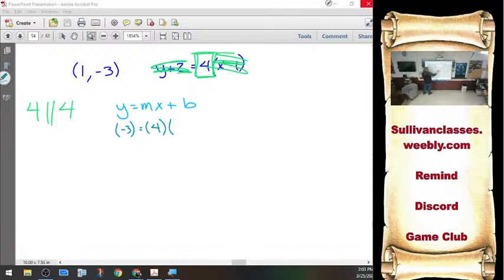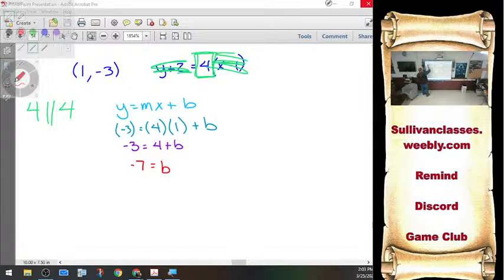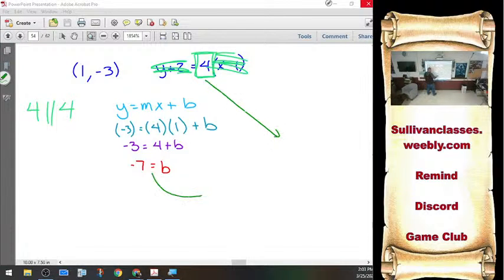I know an x, to find the b. So I multiply. Negative 3 is 4 plus b. Subtract 4 to the other side and get b is negative 7. The catch is you have to put the pieces together at the end. If you know your slope and you know your y-intercept, you have to finish it by saying that.